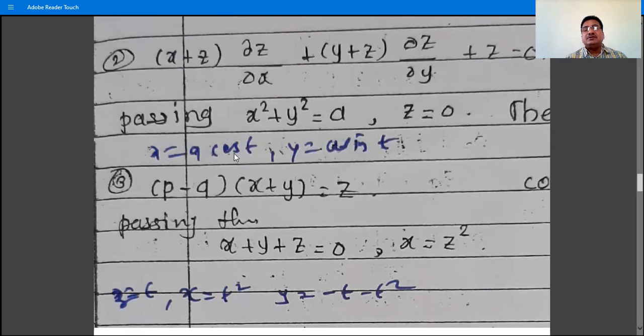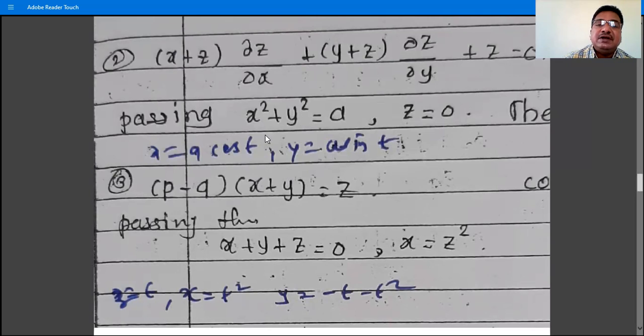Take a as common, so cos square t plus sin square t is 1. So if at this place there is a square, then write x as a cos t, y as a sin t. Here x square plus y square is a, therefore write x is equal to root a into cos t and y as root a into sin t, z as 0.